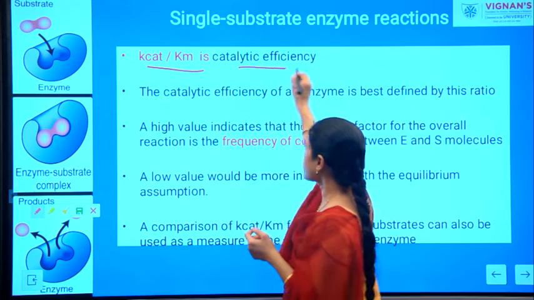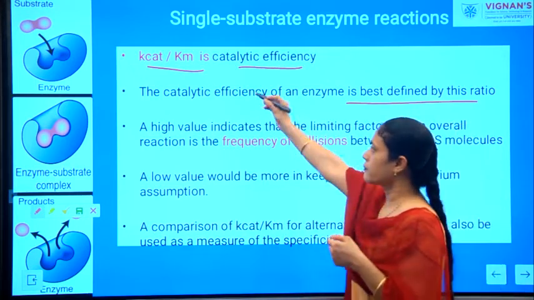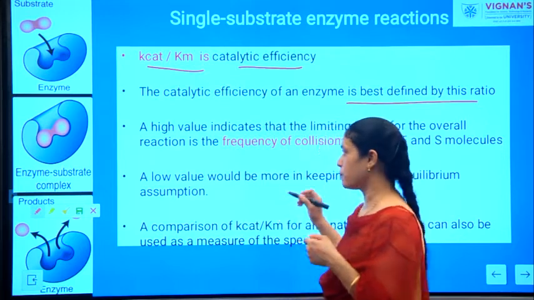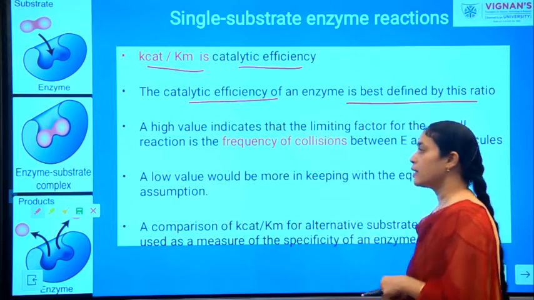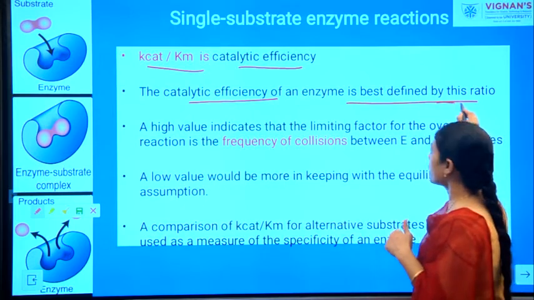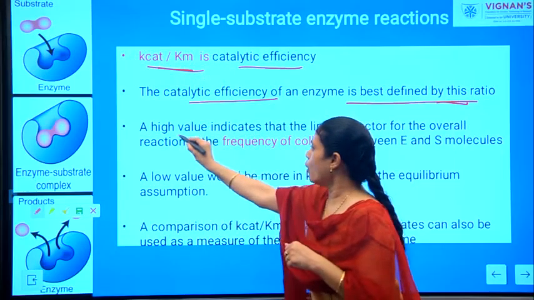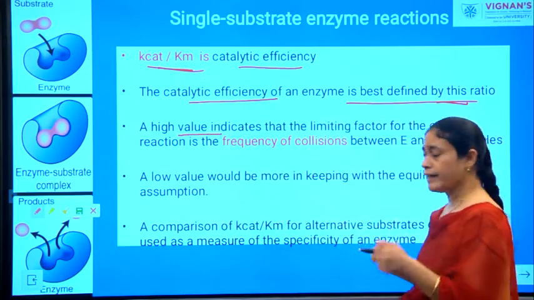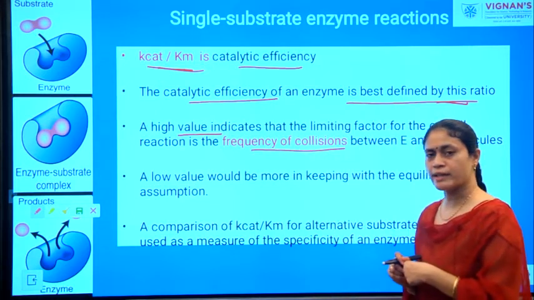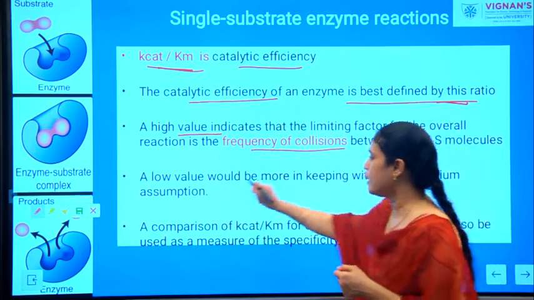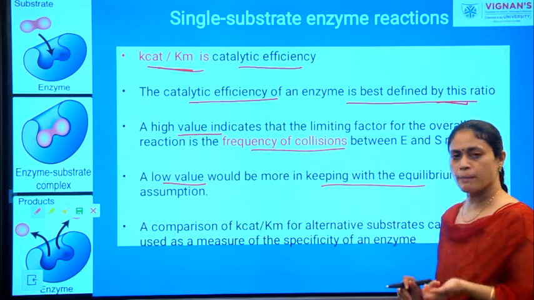So we represent the catalytic efficiency of an enzyme as the ratio between kcat and Km. A higher value of this catalytic efficiency indicates a high frequency of collisions between the substrate and enzyme molecules, whereas a low value would be more in keeping with the equilibrium assumption.